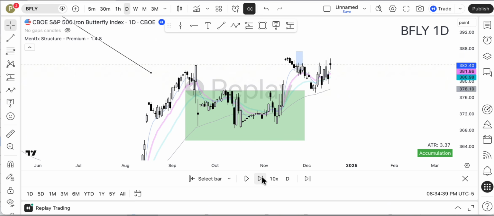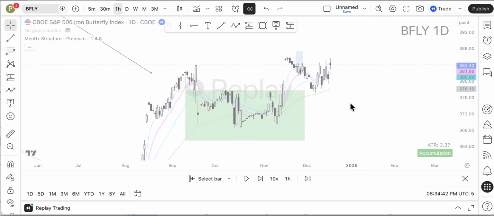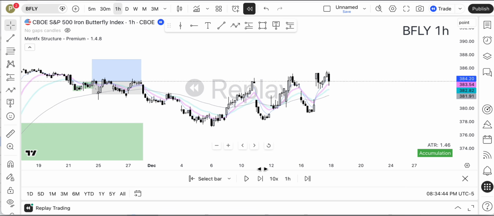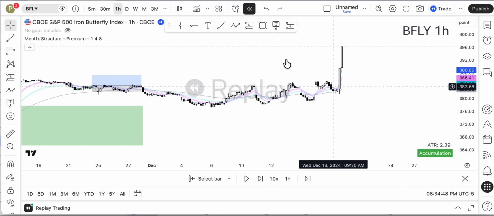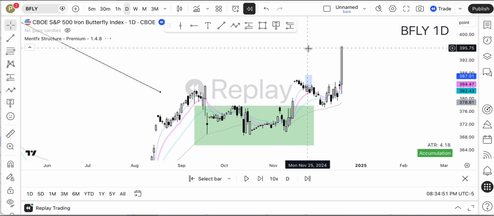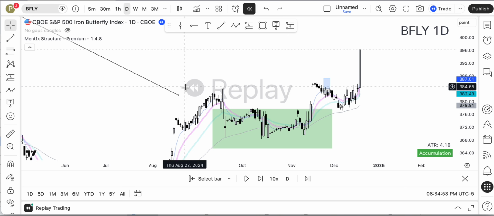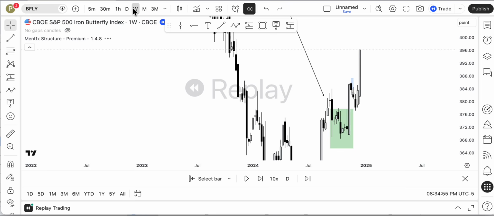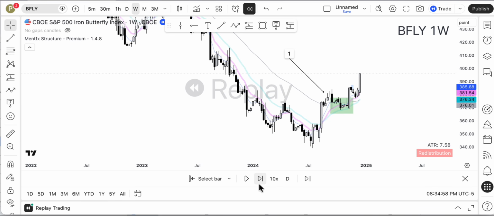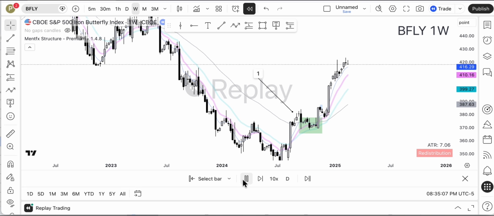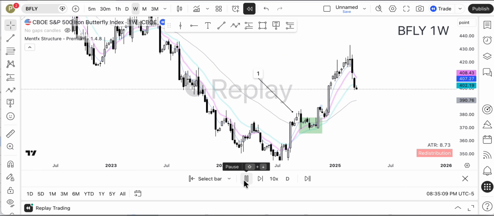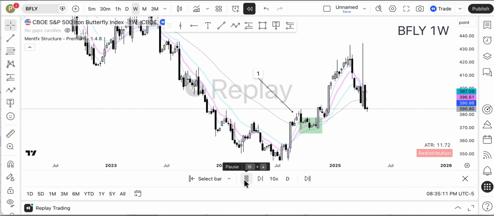Again, same thing. No entry, that's okay. Missing trades is part of the game. There's MMB 2-ish. Never mind.